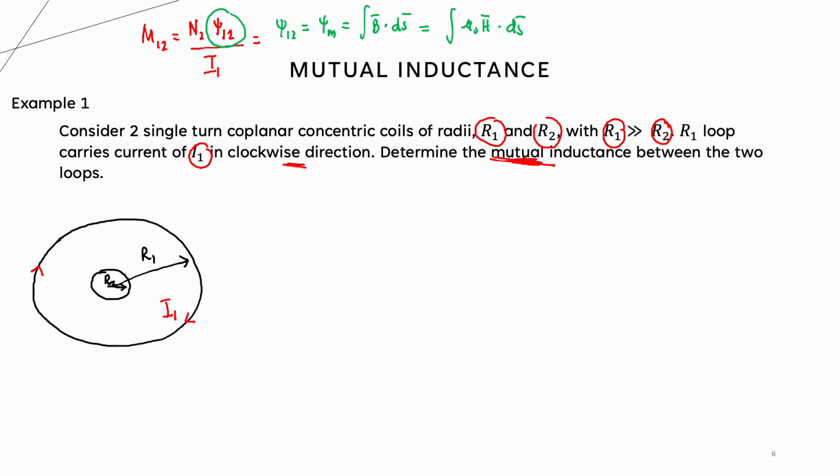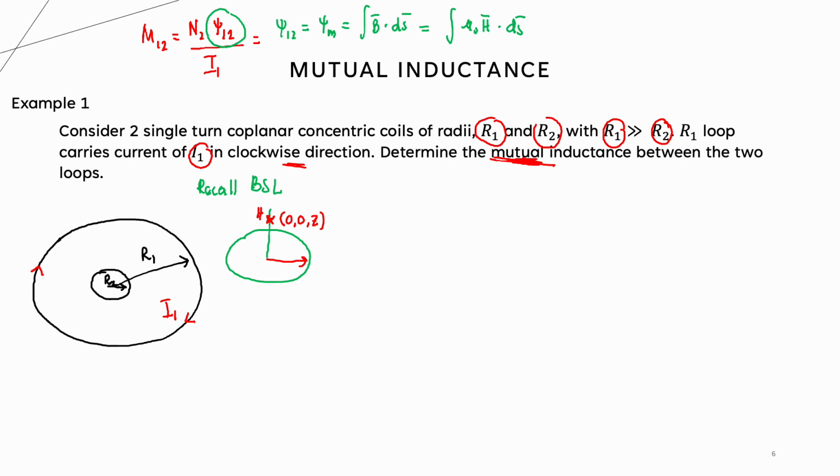To solve this, let's recall our Biot-Savart law, where we have a circular disc and we need to find H on the z-axis, at coordinates 0, 0, z, and the radius is given as a.